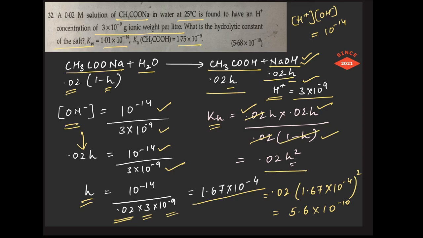So from this, putting the value of H, this becomes 0.02 multiplied by 1.67 into 10 to the power minus 4 whole square. Solving, the value of Kh, that is the hydrolytic constant, is equal to 5.6 into 10 to the power minus 10.